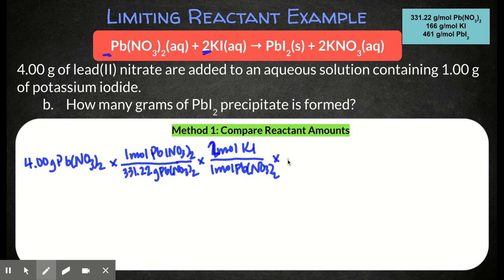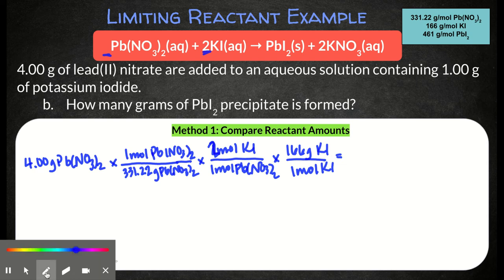And then my last step is I need to figure out, well, how many grams is that? Because I have 1 gram of potassium iodide, I need to know if that's enough to react with all 4 grams of this lead-2 nitrate. So on the bottom, I'm going to have 1 mole of KI, and I'm going to use the molar mass of potassium iodide, which is 166 grams per mole, on top.